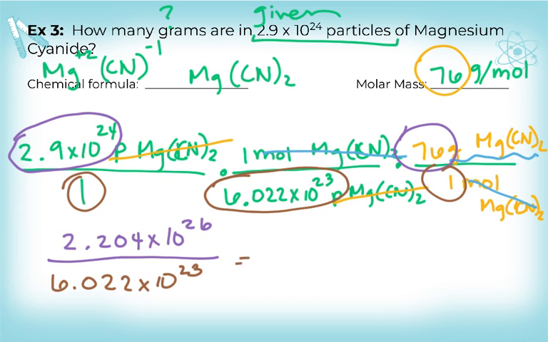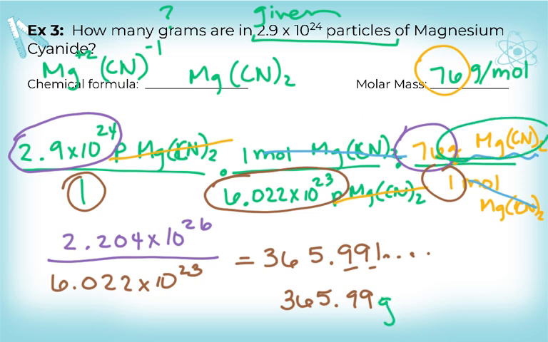And I got 365.991, and that number keeps going in my calculator. So if we round to 2 decimal places like we have before, we're going to keep 365.99. And then I need to put my units on my answer, units being grams of magnesium cyanide. That's our answer.